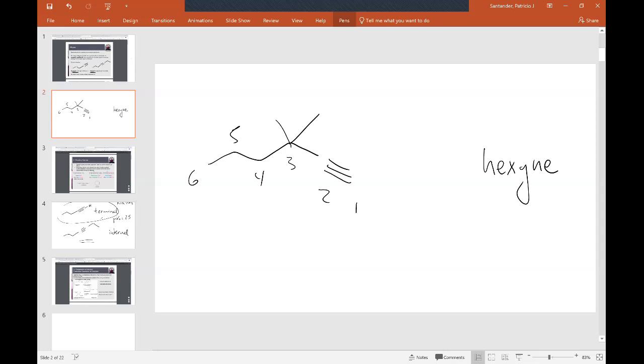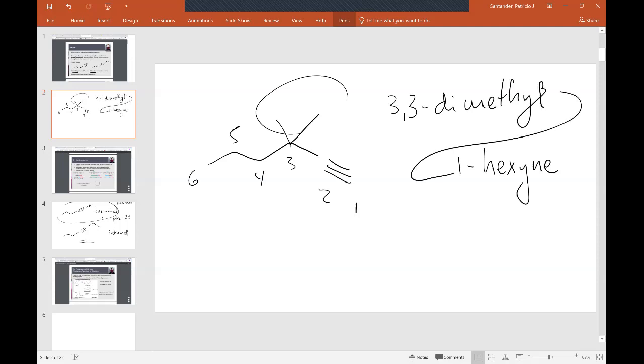I need to indicate where the triple bond is. It's between carbon 1 and 2, so it will be 1-hexine. And because I have a couple of methyl groups on carbon 3, that will make it 3,3-dimethyl-1-hexine.